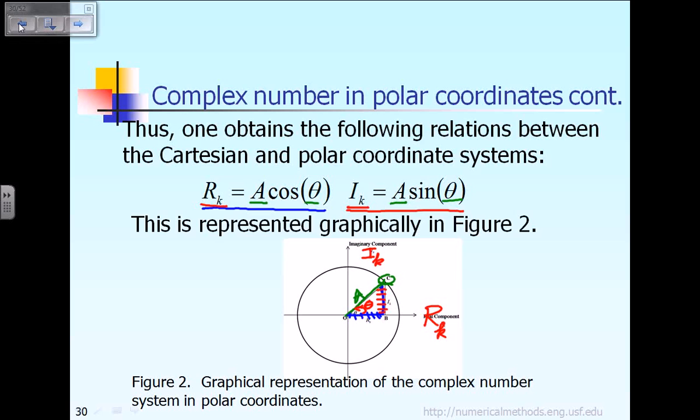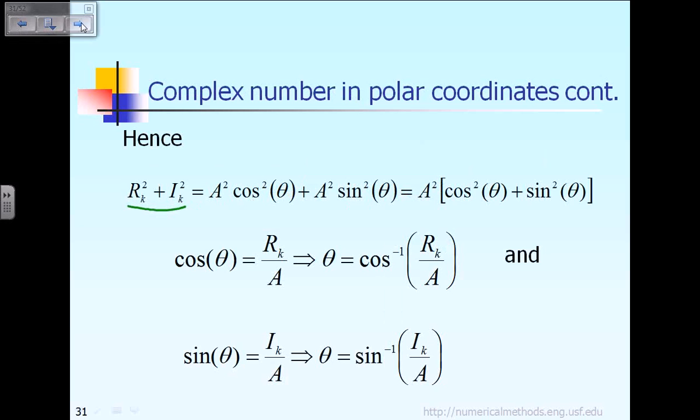So if you take the real part r_k, you square it, and then you take the imaginary part I_k, you square it, and then you add together, what you have will be r_k squared plus I_k squared. When we add up together, we can factor out the term A squared. What you have left is cos squared theta plus sin squared theta, and we all know cos squared theta plus sin squared theta is equal to 1. So basically, r_k squared plus I_k squared is equal to A squared.